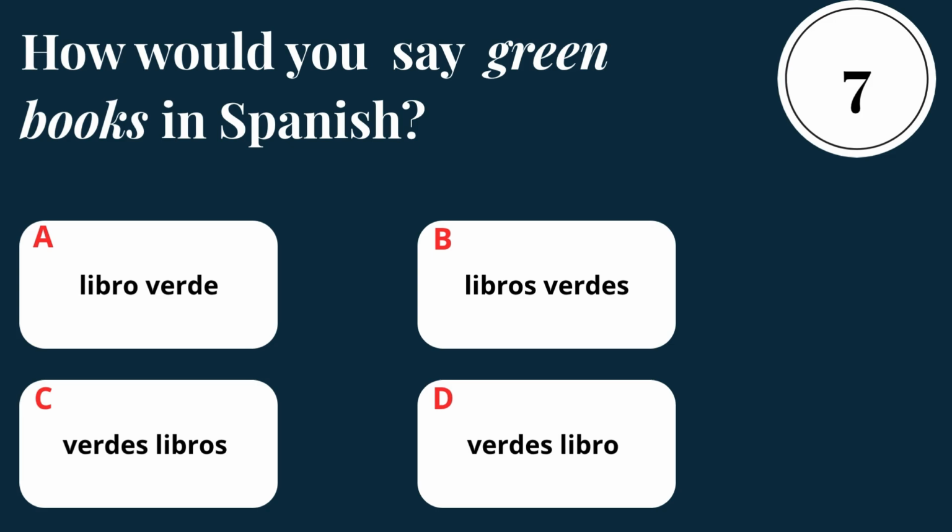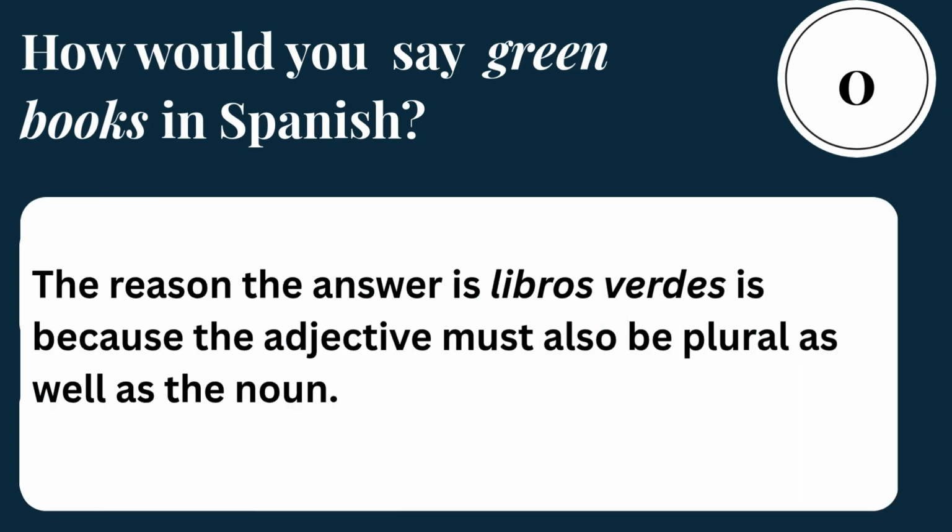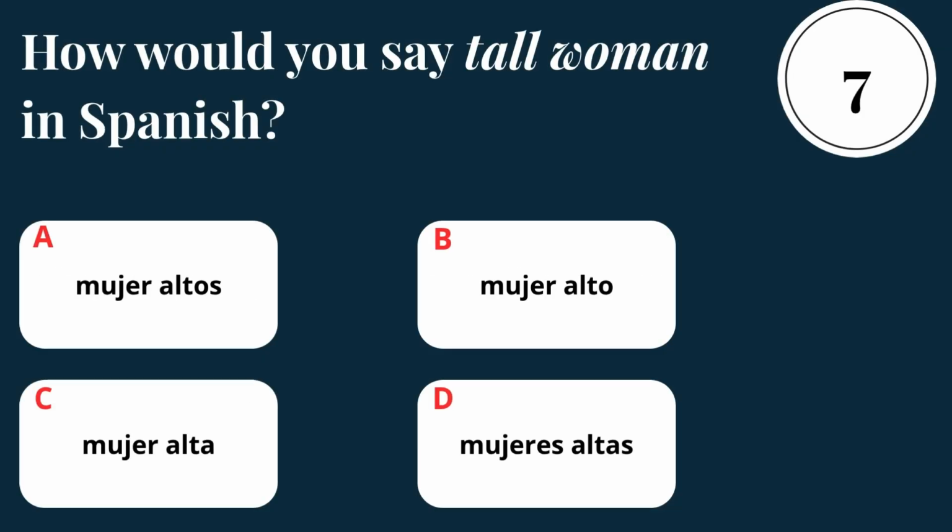Which one of these options would be the correct option to say green books in Spanish? All right, for our next question, how would we say tall woman in Spanish? Tall woman in Spanish.